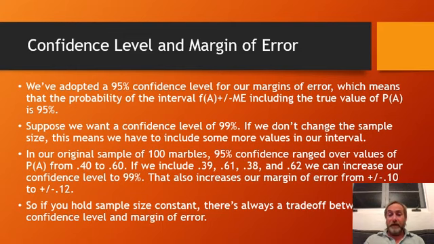We can say, with 95% confidence, the probability in the actual population is between 0.4 and 0.6. Now, if you want to broaden that out and include a range from 0.38 to 0.62, you can say with 99% confidence that the probability of A in the actual population lies between 0.38 and 0.62.